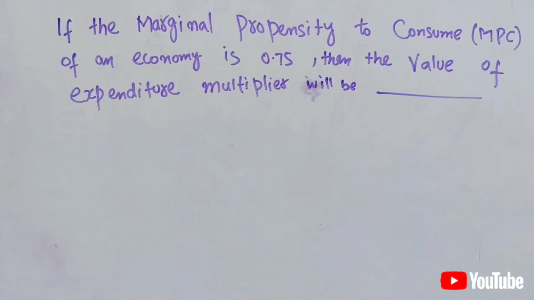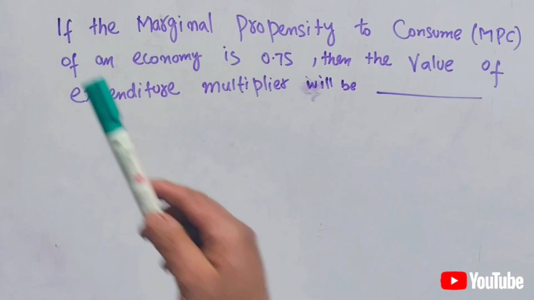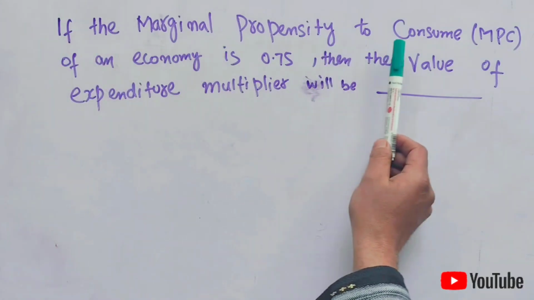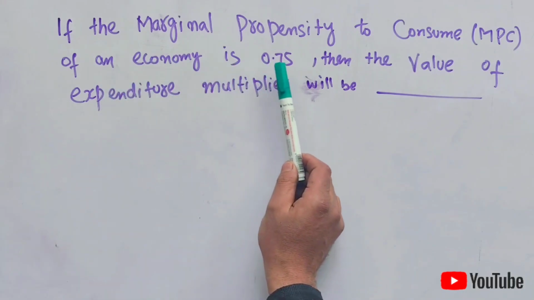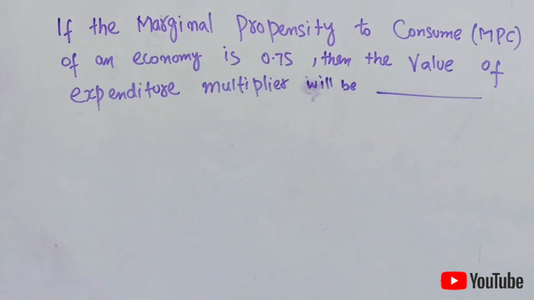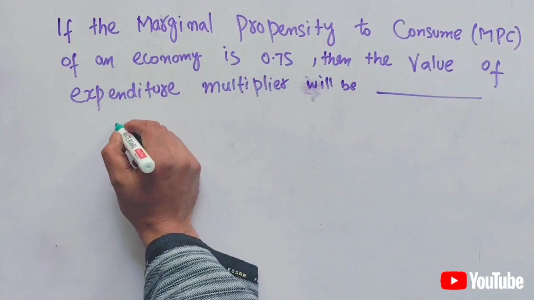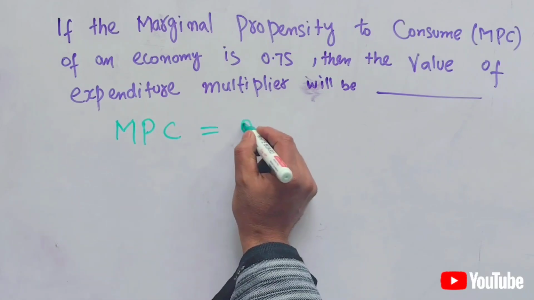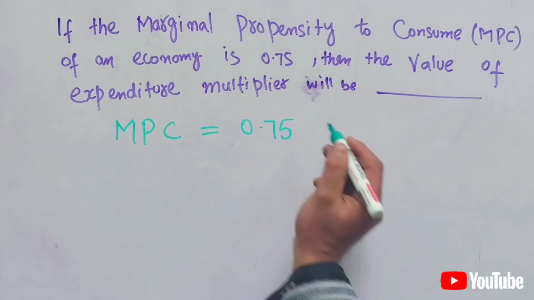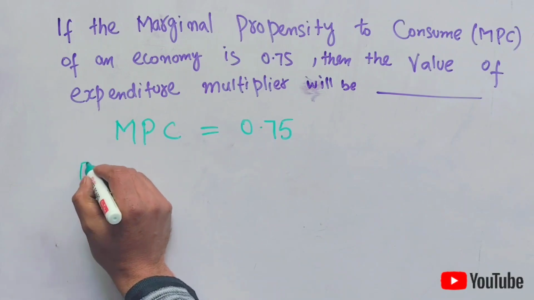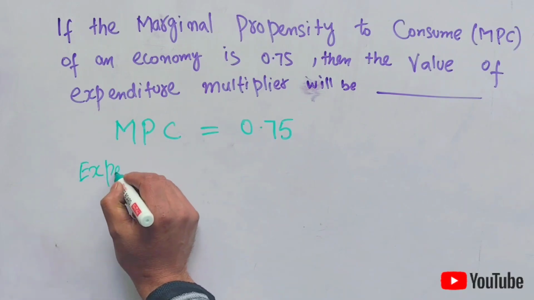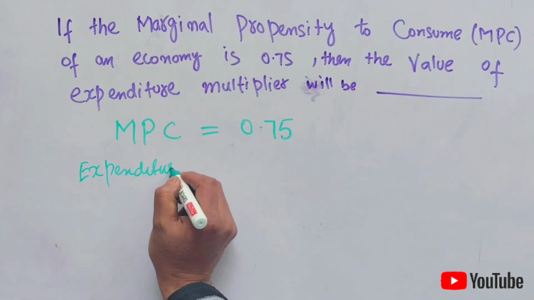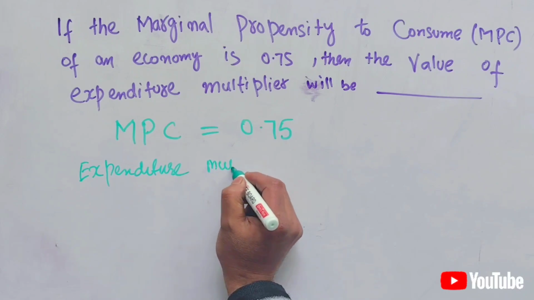The question is how to find out the expenditure multiplier. The question is, if the marginal propensity to consume of an economy is 0.75, then the value of the expenditure multiplier will be, so we have marginal propensity to consume equal to 0.75 and we are supposed to find out the expenditure multiplier.